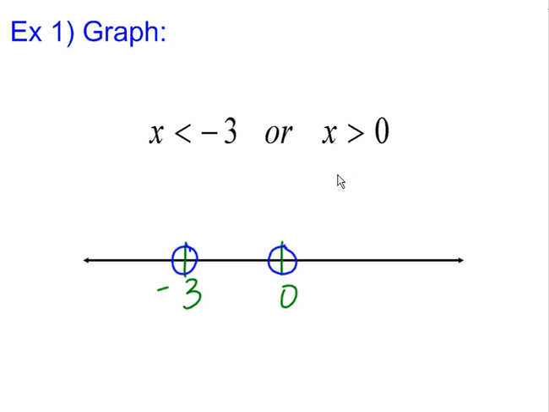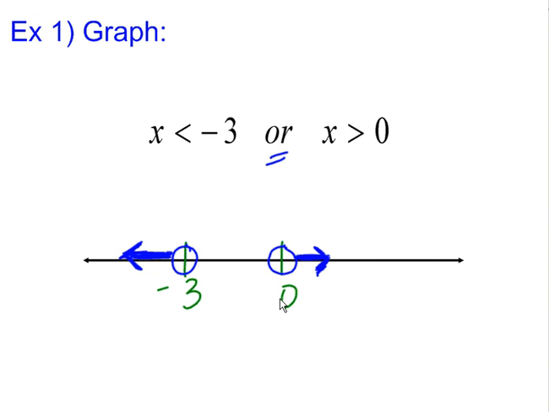They're both open circles, no equal sign. Now it says x is less than -3, so we're going to go off to the left here, because that's where x is less than -3. And x is greater than 0, so we're going to go off to the right. Again, this graph is okay because it's an OR graph, this or that, and we're good to go.